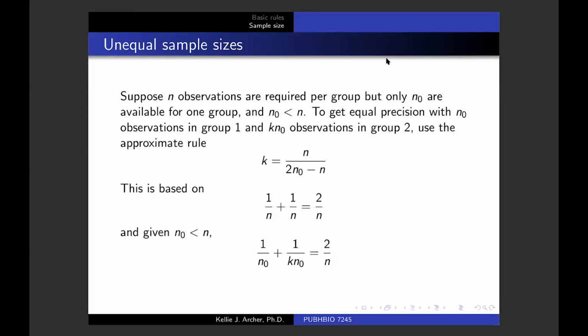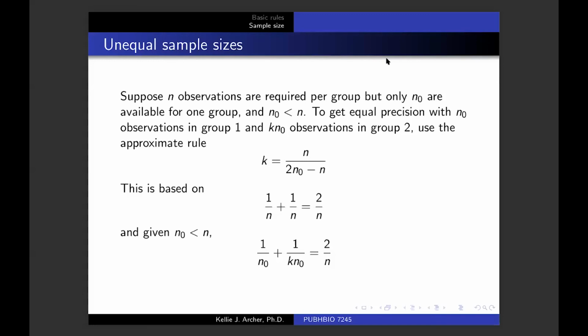So far, we've talked about developing sample size plans when you're enrolling the same number of observations or subjects per group. Suppose that n observations are required per group, but in fact, you're only going to have n naught available for one group, and that value is somewhat less than n.